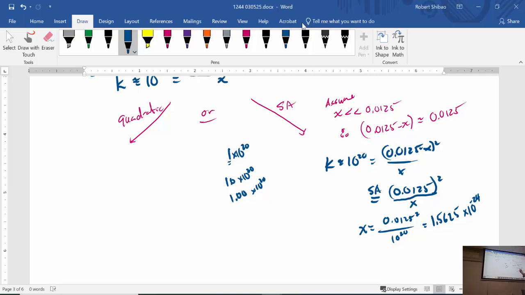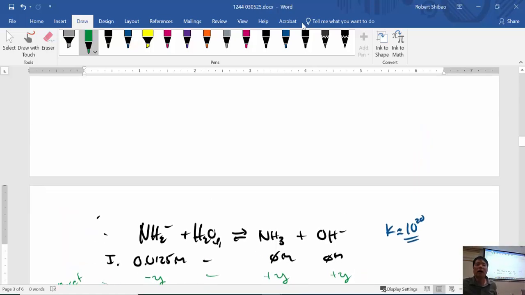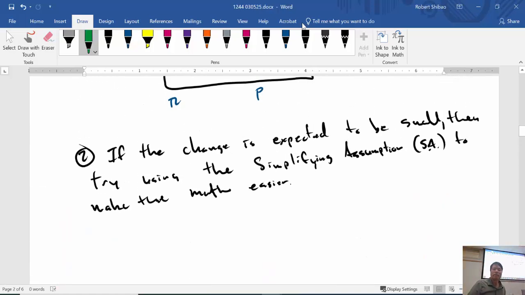If you look at this, I no longer have to use the quadratic equation solver in my calculator. I could just use the regular keys here, right? And so this was very quick. The calculation was very quick. X is equal to 1.5625 times 10 to the minus 24. Versus this. Let's go ahead and get this into quadratic form, and I'm going to go ahead and solve this. Oh, but before I do that, I have to confirm the validity of my simplifying assumption.